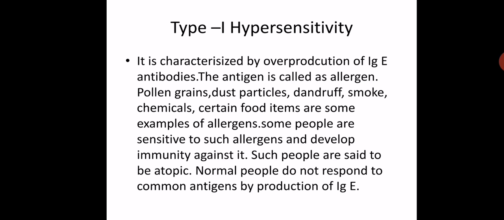Here IgE and IgD, these two immunoglobulins, have a very negligible concentration in the serum. But in type 1, as we discussed, there is an overproduction of IgE, meaning the IgE antibodies are produced in a larger amount, and the antigen is called an allergen.